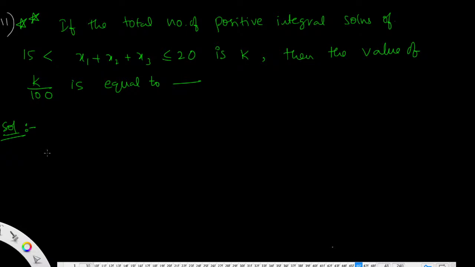If the total number of positive integral solutions of 15 less than x1 plus x2 plus x3 less than or equal to 20 is k, then the value of k by 100 equal to dash. So how many are given here? Number of persons, 1, 2, 3 persons are given, so that is x1 plus x2 plus x3.